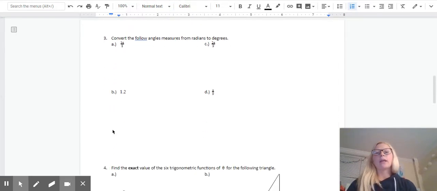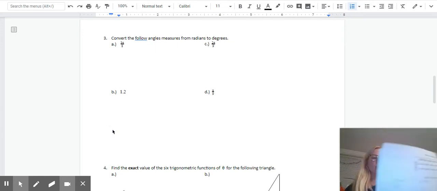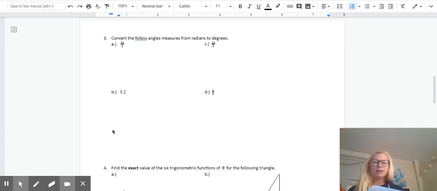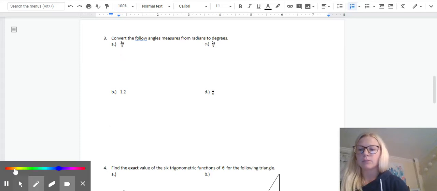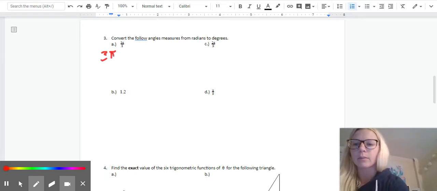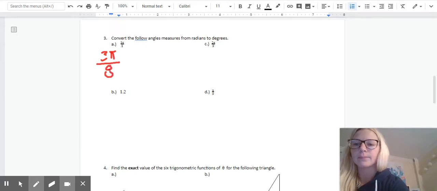Now it says convert the following angle measures from radians to degrees. So if you look on your sheet, same page, it says to convert radians to degrees, multiply the radians by 180 over pi radians. So when we do that, it says 3 pi over 8, and we're multiplying. I'm just going to rewrite it. 3 pi over 8.